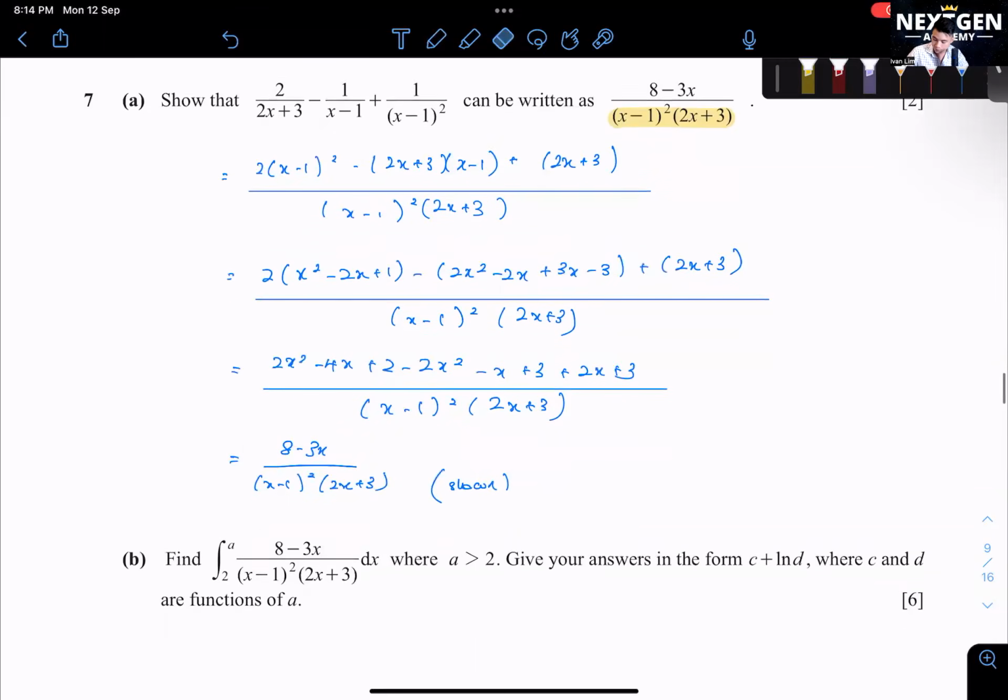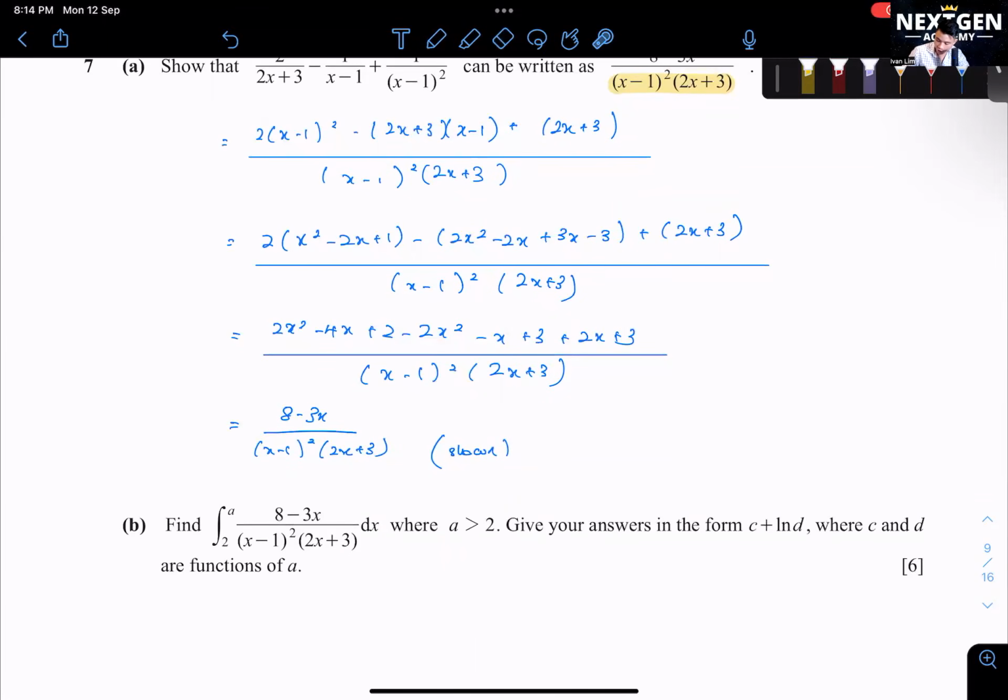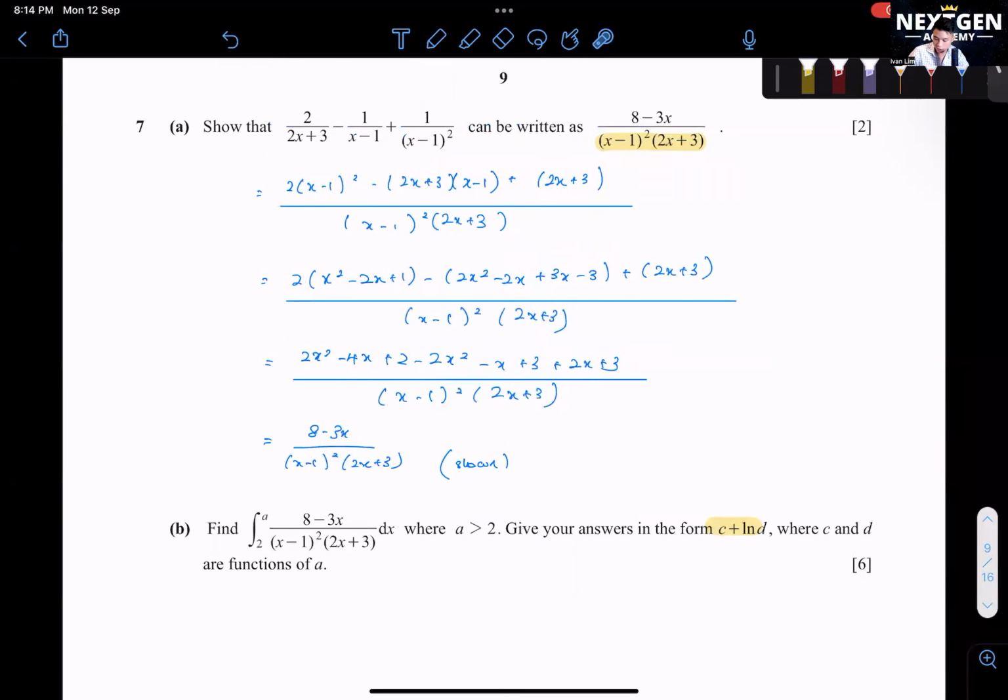Okay, question B. Now, find the integral from 2 to a of 8 minus 3x over x minus 1 square times 2x plus 3 dx, where a is more than 2. Give your answers in the form c plus ln d, where c and d are functions of a. Normally for this kind of question, we need to link back with the first question, because this one we cannot integrate.